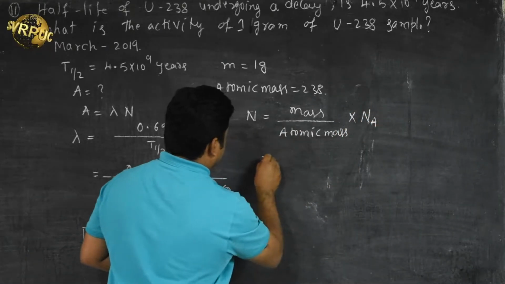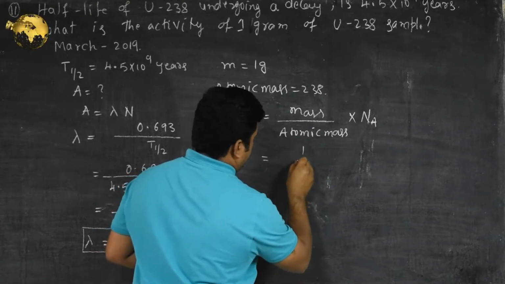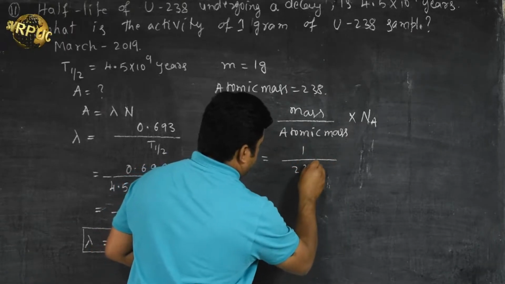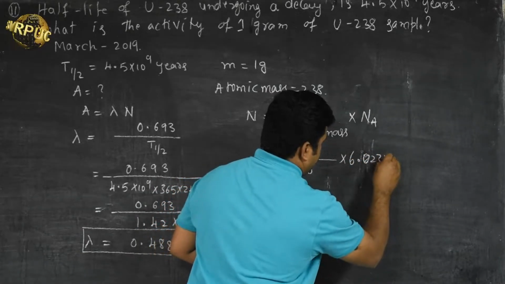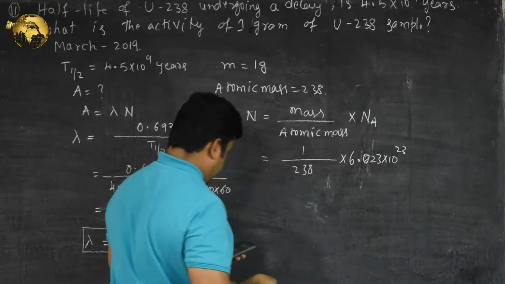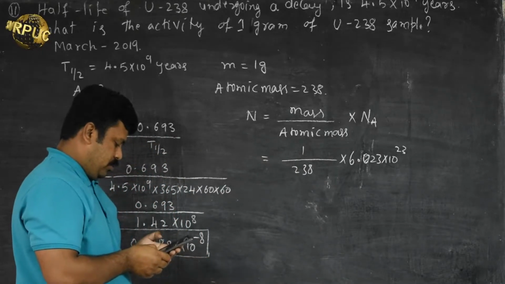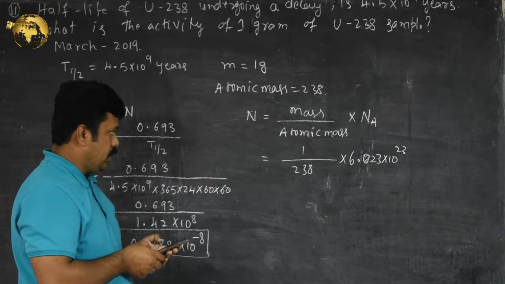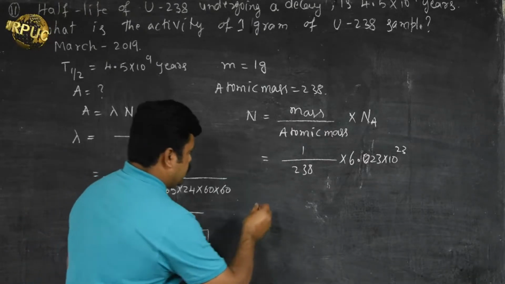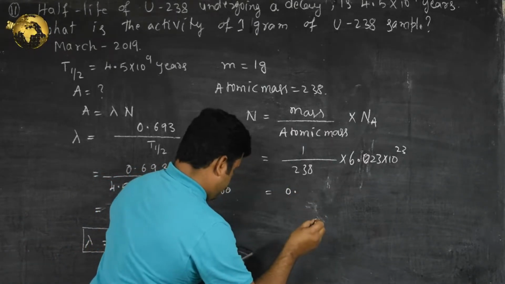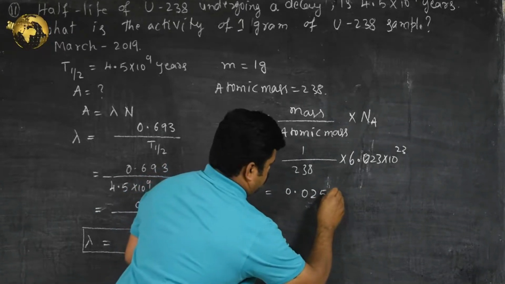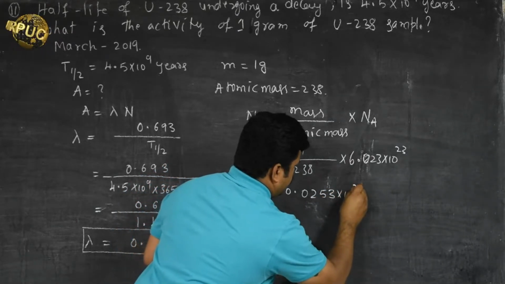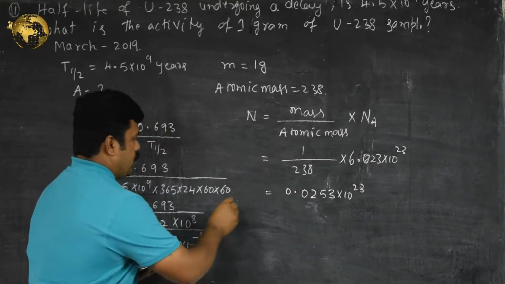So this is 1, atomic mass is 238, into 6.023 into 10 to the power 23. This is 6.023 divided by 238. So we get it as 0.0253 into 10 to the power 23. So we got the value of N.